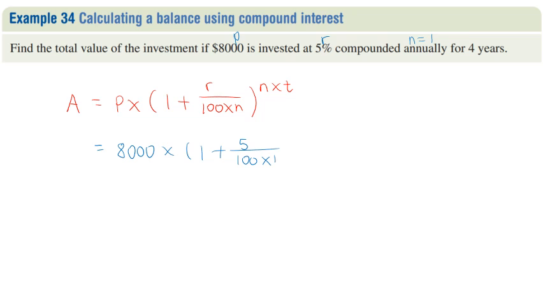So times 1 to the power of 1 times T, which is 4. Put that in the calculator, and that equals 9,724.05.